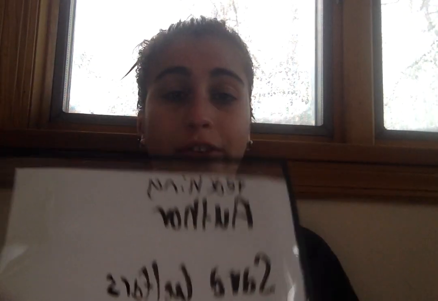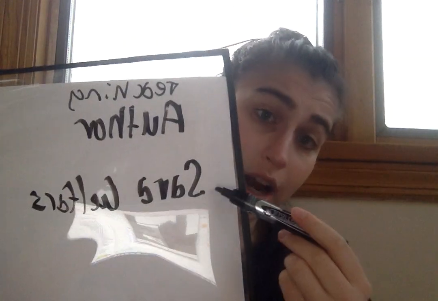So if I come across a website and the name is Sarah Gelfars, right? Let's say I found an article about teaching, okay? So I find this article and I find the author's name is Sarah Gelfars.